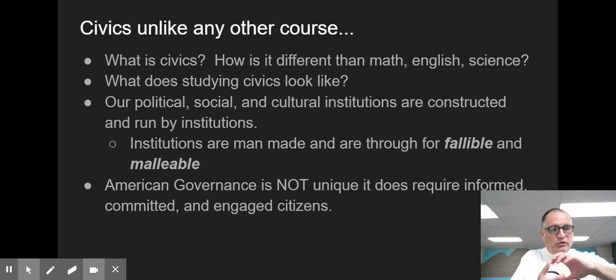How do we construct them anew? And the people who are engaged in that process are the people who are paying attention. They're the people who are buying into this. They're the people who are listening. They're not the people with the blinders on walking down the street. They're not the ones who are getting to reshape these institutions.